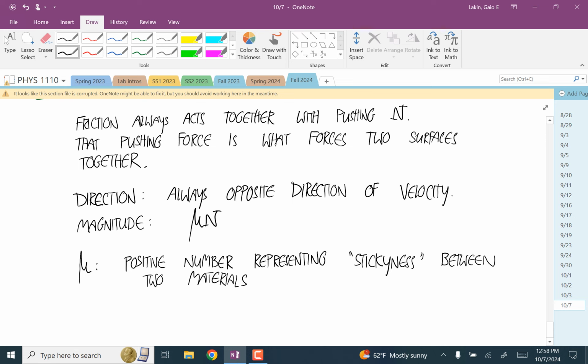It almost always ranges between 0 and 1, but there are actually some with coefficients higher than 1.